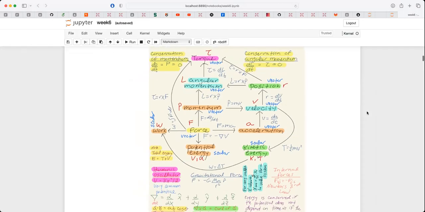So this figure contains many of the connections between the quantities which we are studying. So the first exercise in the homework this week is essentially you looking up what we went through in class last week. And you will also see many of these definitions in the textbook by Taylor.